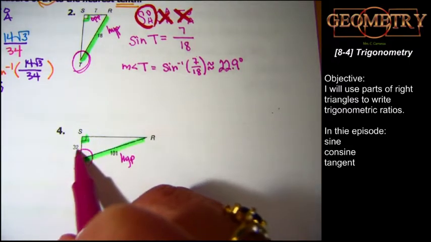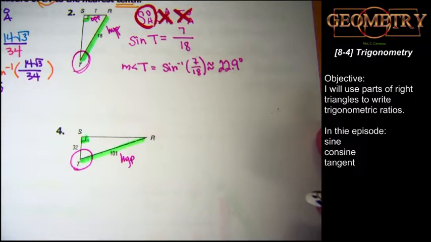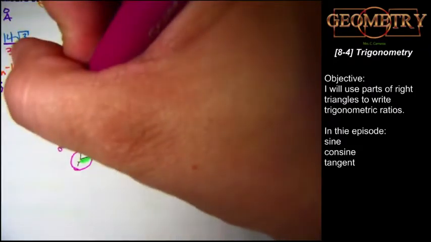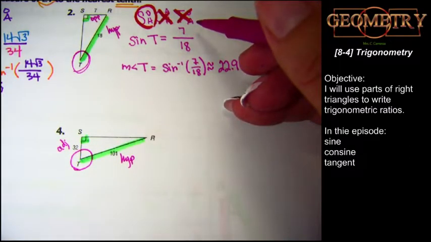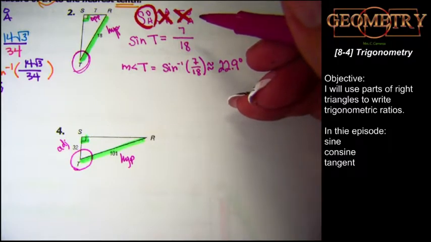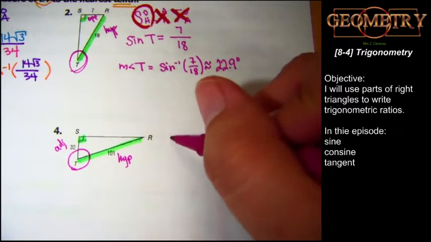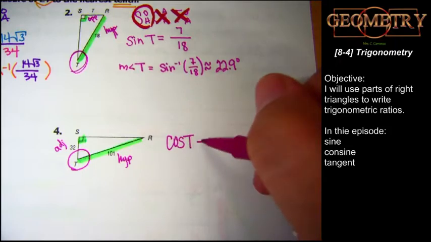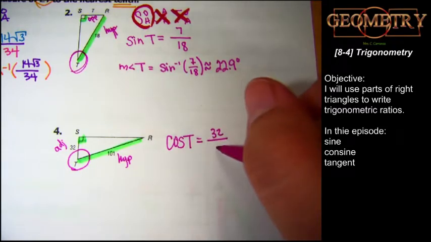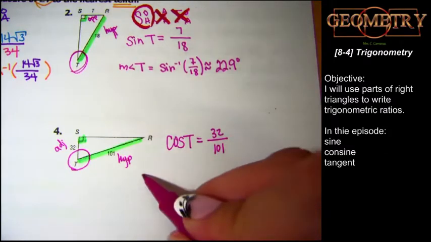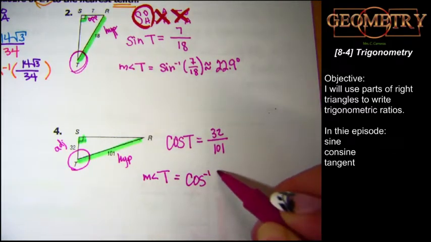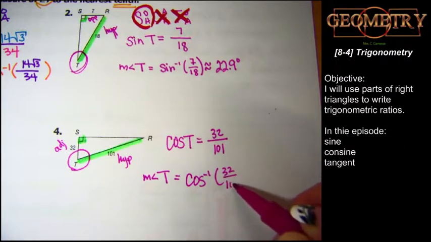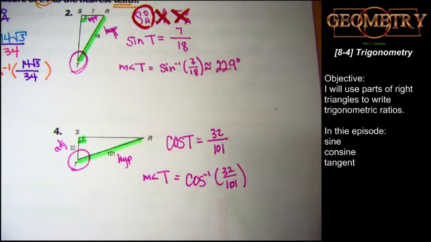Here's angle T. Do I have the side opposite or the side adjacent? You're absolutely right. This is the side adjacent. Looking up here at my reminder, which one uses adjacent and hypotenuse? Cosine. So the cosine of T equals adjacent over hypotenuse. And so the measure of angle T equals the inverse of cosine of 32 over 101.